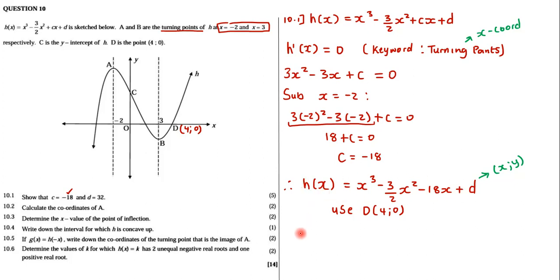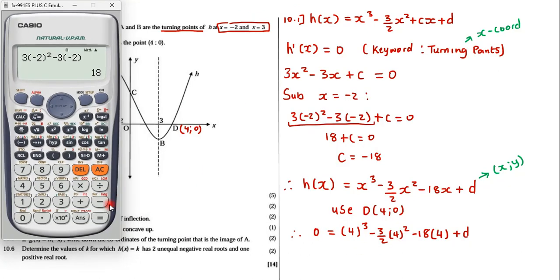So let's go ahead and do that. Here I know the y value is 0, so this is 4 cubed minus 3/2, 4 squared minus 18 into 4 plus d. I'm going to press everything there: 4 cubed, minus 3/2 into 4 squared, then minus 18 into 4.